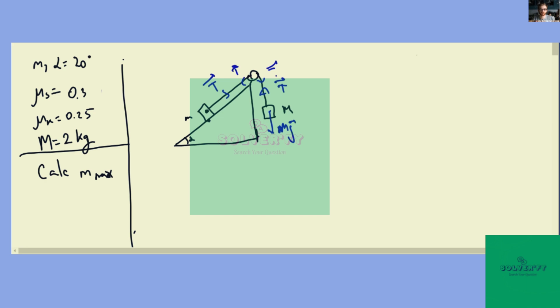Besides this tension, the block experiences gravity, the reaction of the incline, and also the friction force. For the direction of the friction force, we will just leave it like this for now.